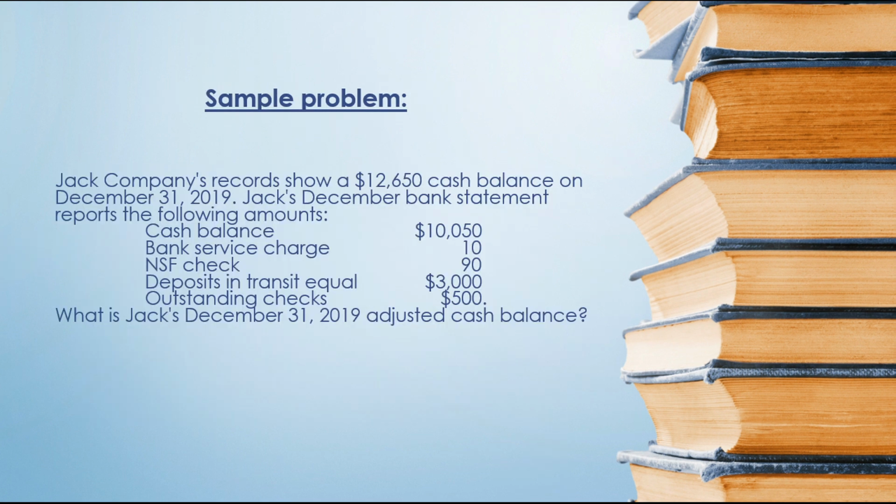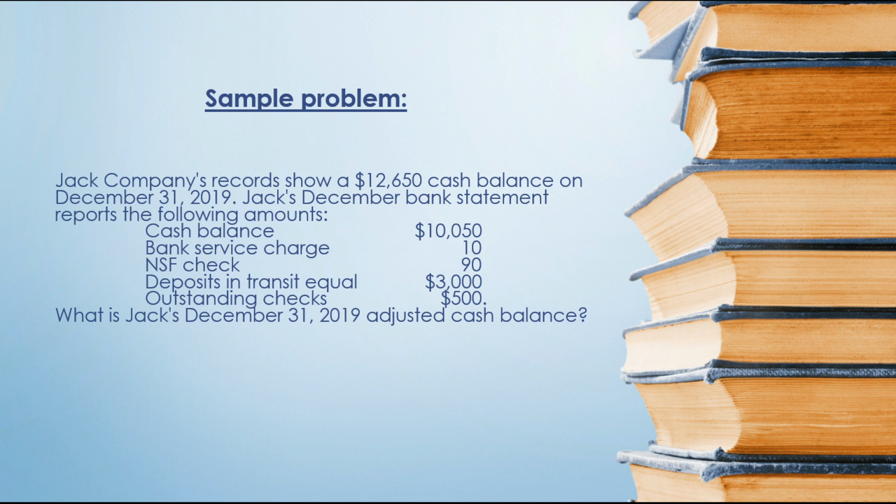Take a look at the sample problem, and I will guide you all the way on how to prepare the adjusted balance method to arrive at the adjusted cash balance as required in the problem. Jack Company's records show a $12,650 cash balance on December 31, 2019.